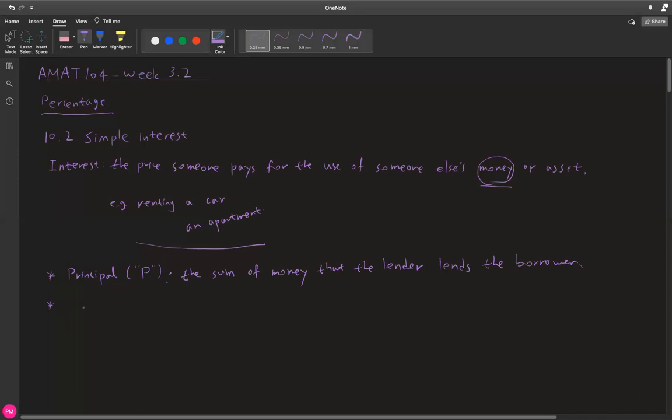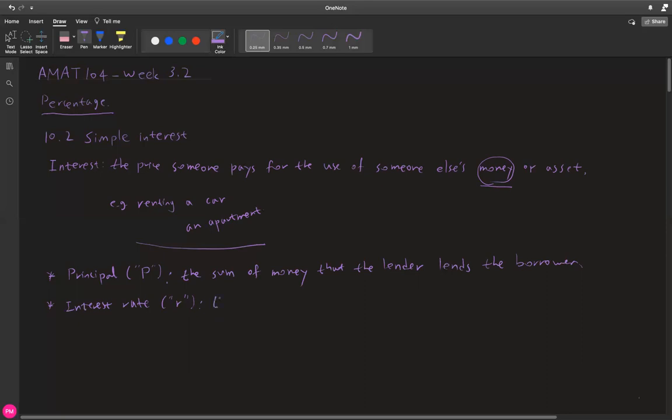The next thing we want to talk about is the interest rate, and this is denoted with the smaller r. I'm sure some of you are already aware of this term.